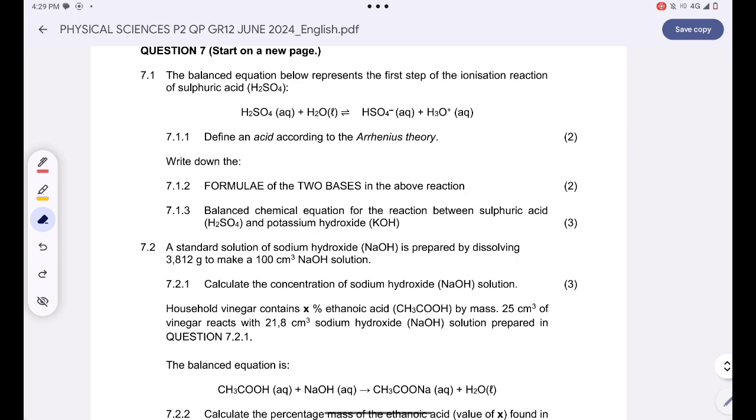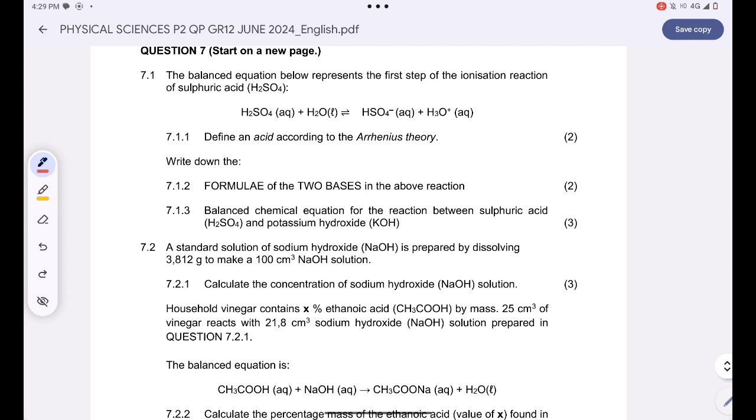We are told that the balanced equation below represents the first step of the ionization reaction of sulfuric acid. Sulfuric acid is a diprotic acid. It ionizes in 2 steps.